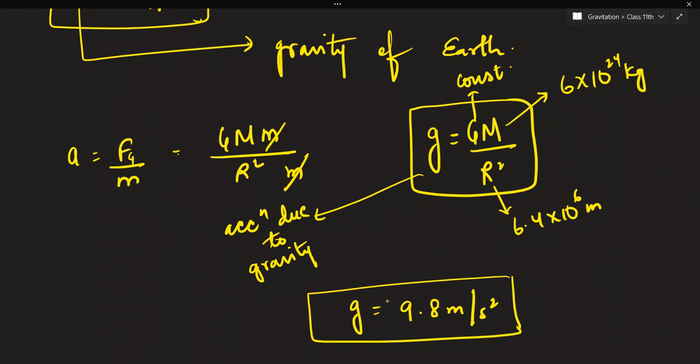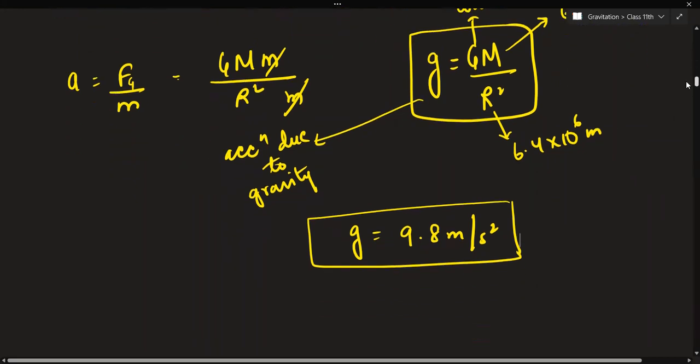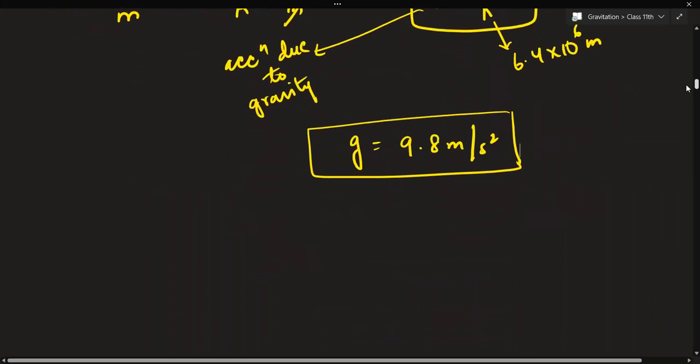Now see here in this formula, you have the gravitational constant. You have the mass of Earth. You have the radius of Earth, which is fixed. You do not have the mass of the body. You do not have the shape of the body. You do not have any size of the body.